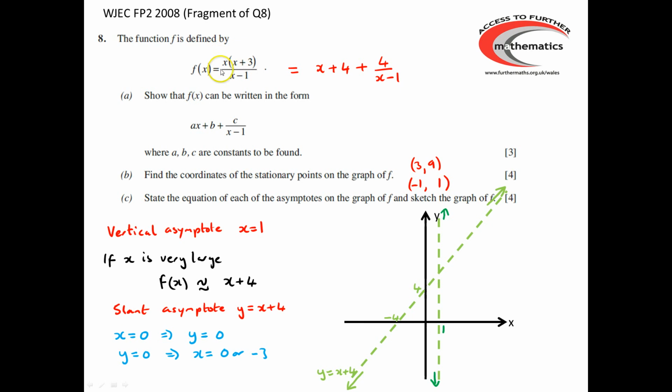In other words, x must be 0 or minus 3. So we'll put those in on our sketch. Put the maximum and minimum points, or the stationary points, in on our sketch, and then finally join all the information up to produce the final sketch.